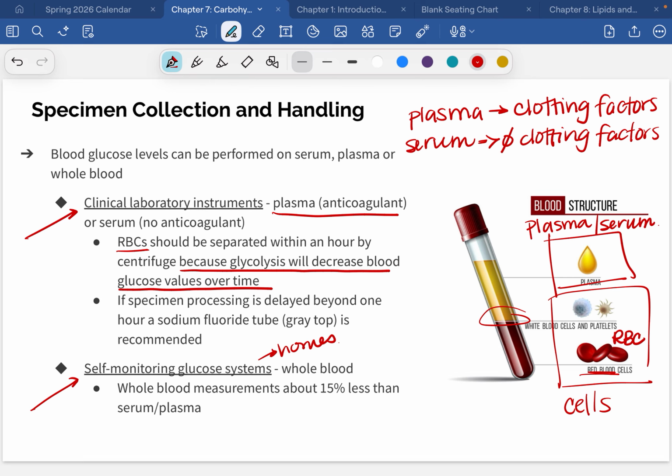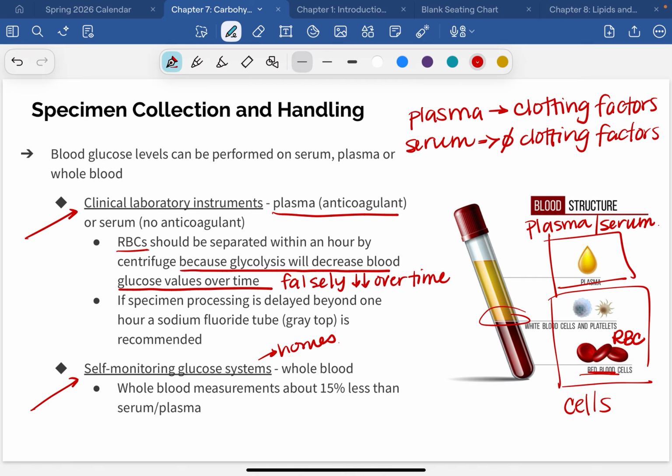If you leave the serum and or plasma in the same tube with the red blood cells, those red blood cells will continuously do glycolysis, and the blood glucose in that tube will falsely decrease over time. Which is not what we want.